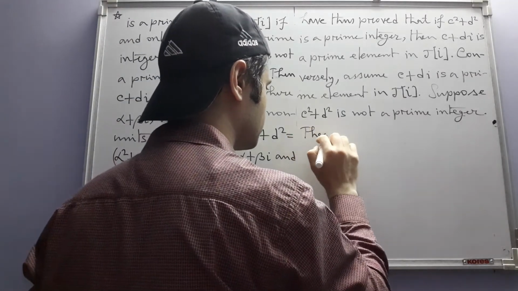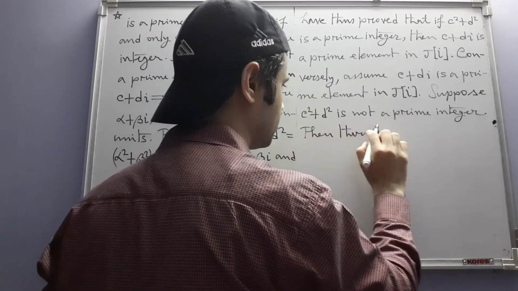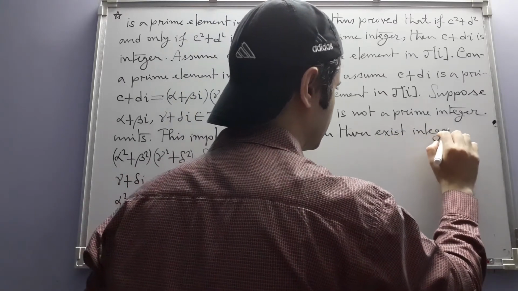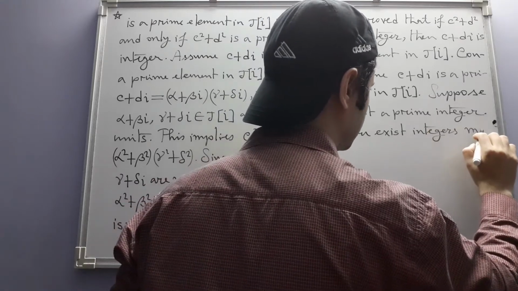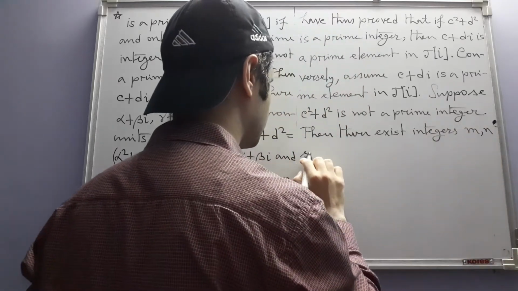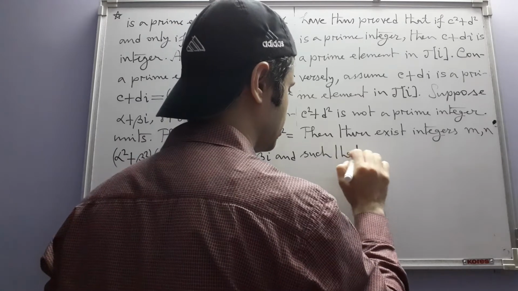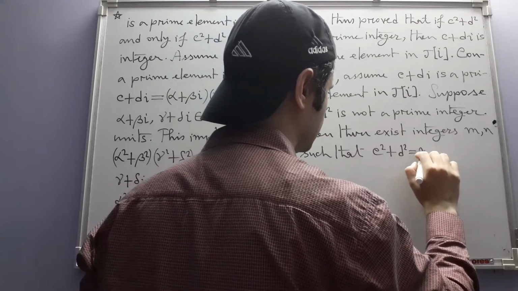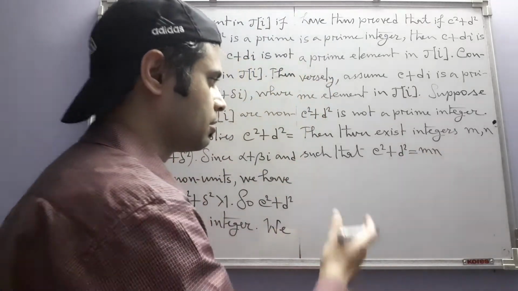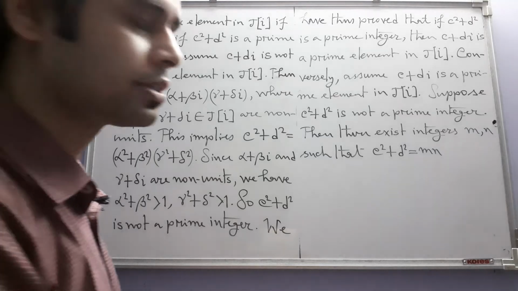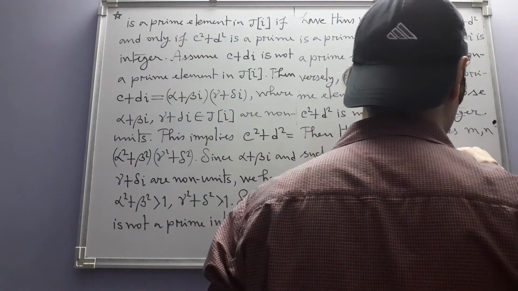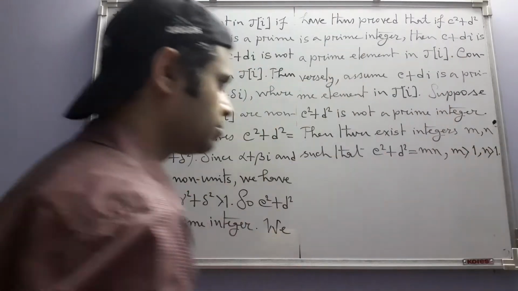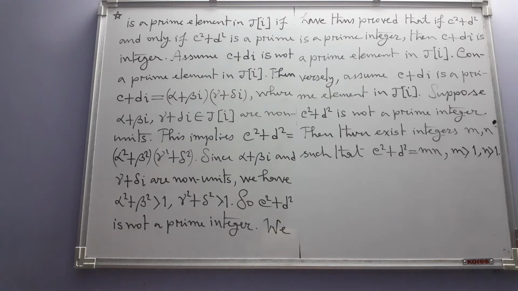Then there exist integers m and n such that C square plus D square is equal to mn, which now will be non-trivial divisors of C square plus D square, and m and n are both greater than 1.